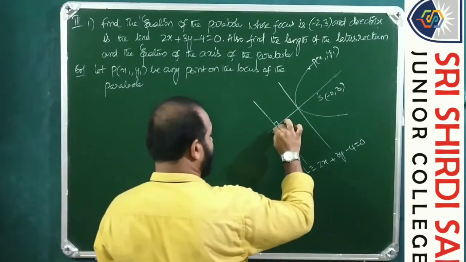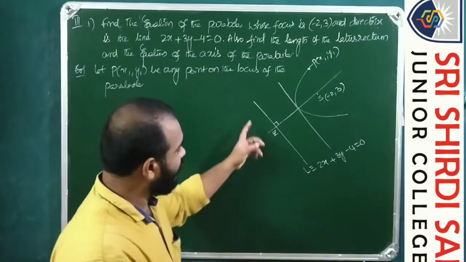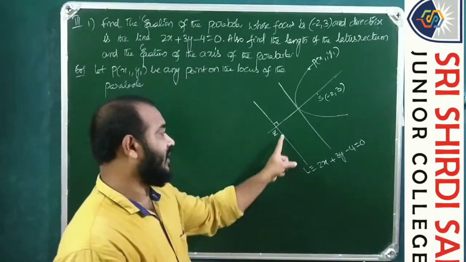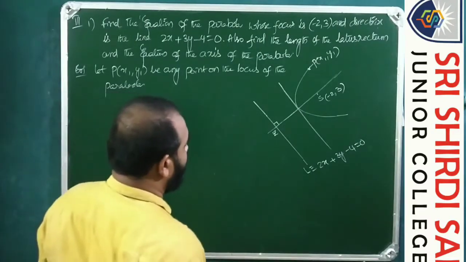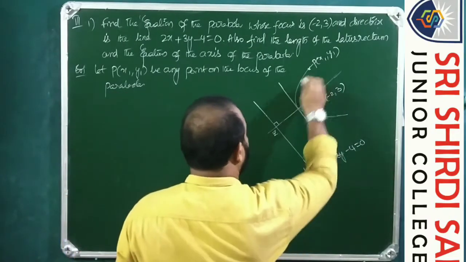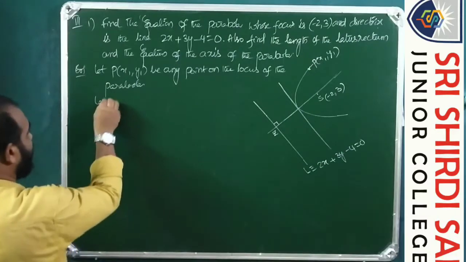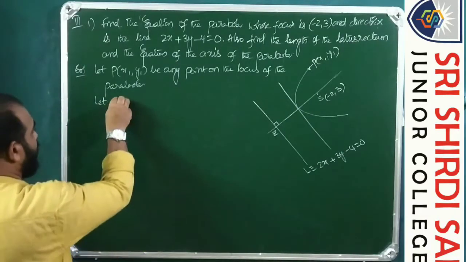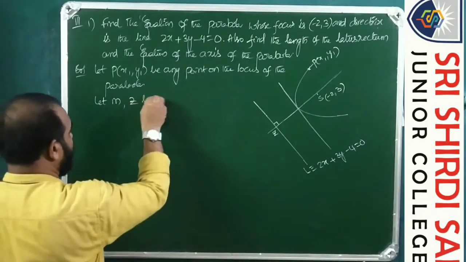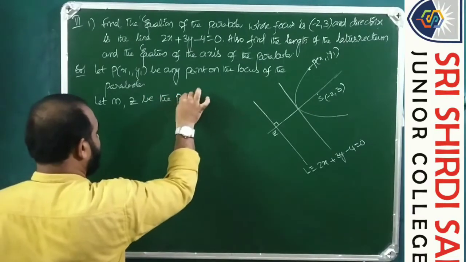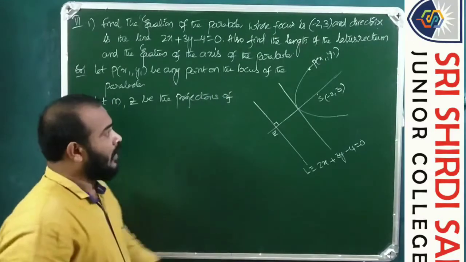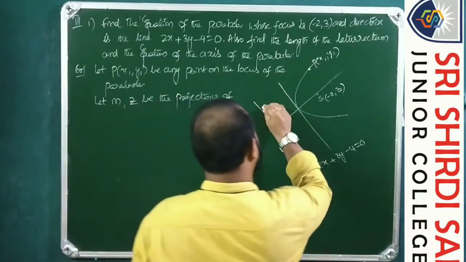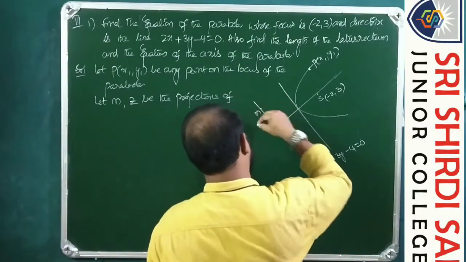So this Z is the foot of the directrix. Let M, Z be the projections of P, S on the directrix. So this is M I will take.